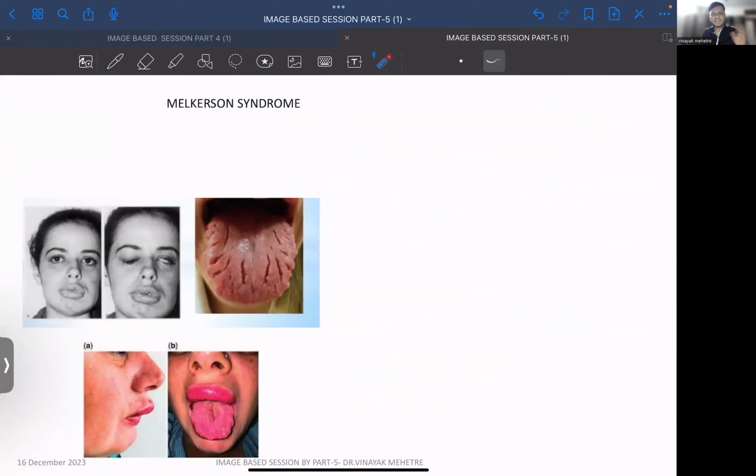What is Melkerson syndrome? Lower motor neuron lesion plus swelling of lip.